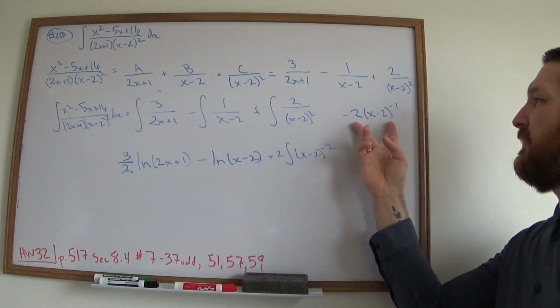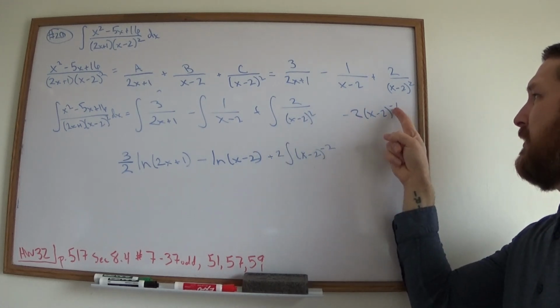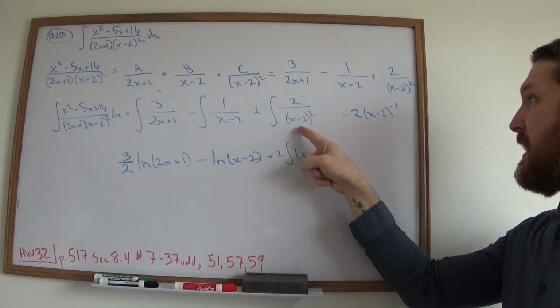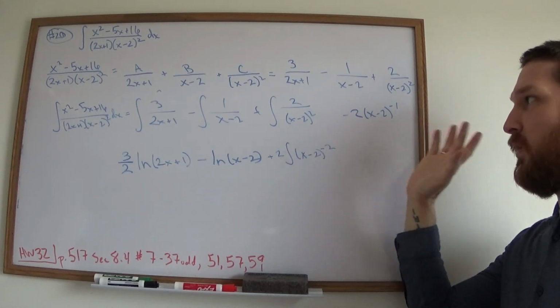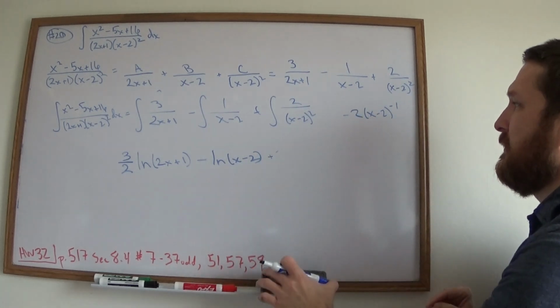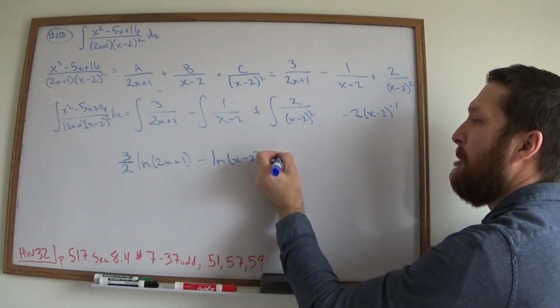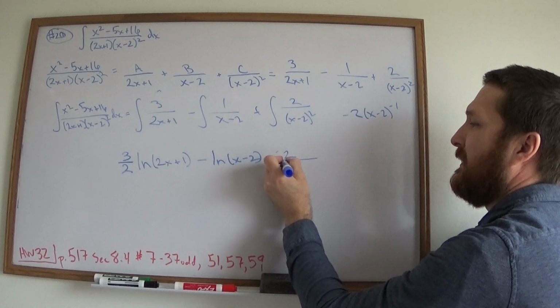So I'm going to take the derivative of this. The negative 1 drops down, gives me a 2, that goes down to negative 2. Multiplied by the derivative of the inside, which is just 1, so that works. So this thing right here should be minus 2 times that, and I'm going to write it like this.